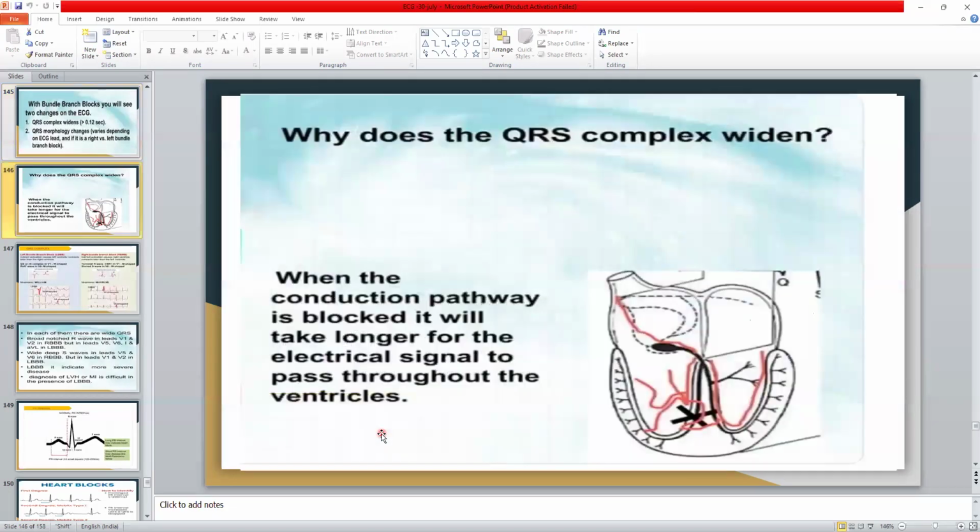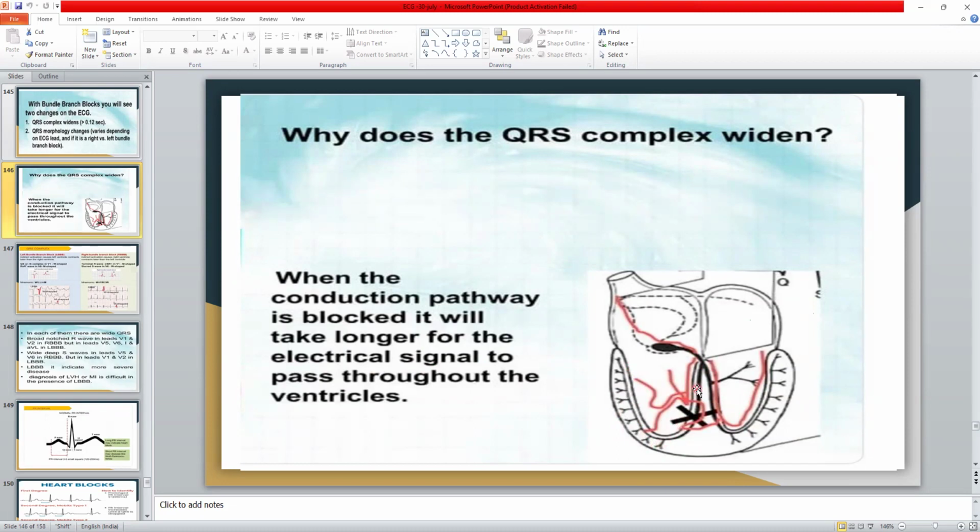Let us see why the QRS complex widens. When the conduction pathway is blocked at the bundle of His, or at the right bundle or the left bundle, it takes longer time for the electrical signals to pass through the ventricle.